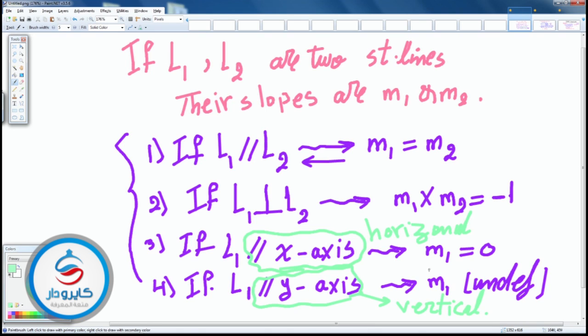In both cases, we discuss the slopes. For parallelism to the x-axis, the slope equals 0, and for a vertical straight line, or parallel to the y-axis, the slope is undefined.